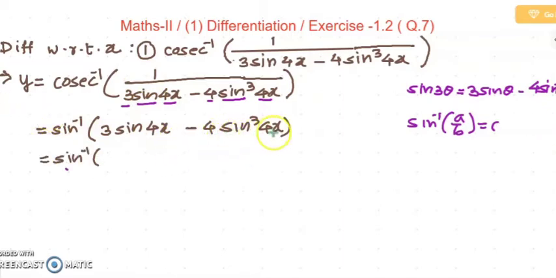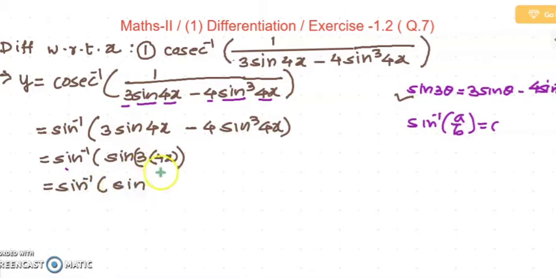Sine 4x minus 4 sine cube 4x, as per this formula, will be sine 3 theta. What is theta in this case? Theta is 4x. What is it giving us? It is giving us sine inverse of sine of 3 into 4x, which is 12x.